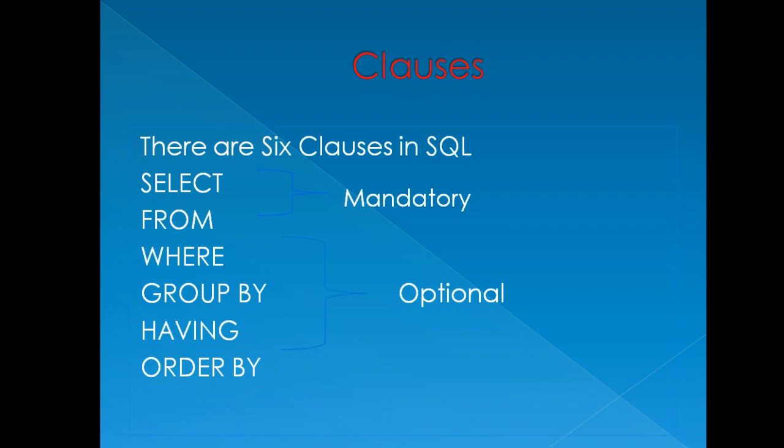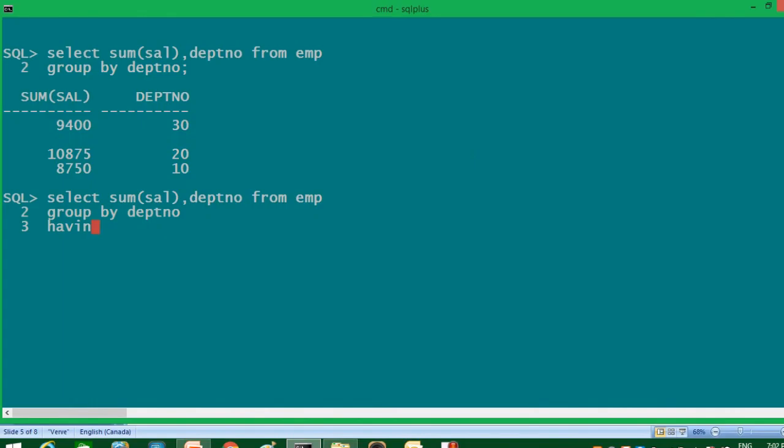So we cannot write the having clause first and then group by. First we have to specify group by and then we can mention the having clause. So here, after group by, we'll write having sum of salary greater than 10,000. And you can see the result, it's only department number 20 which is satisfying this condition.